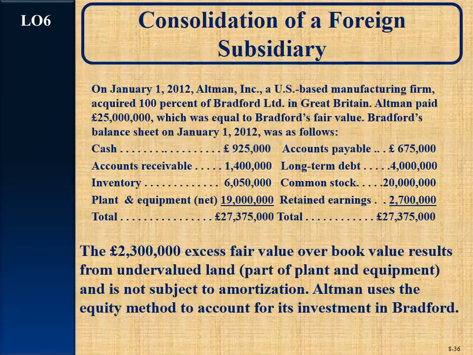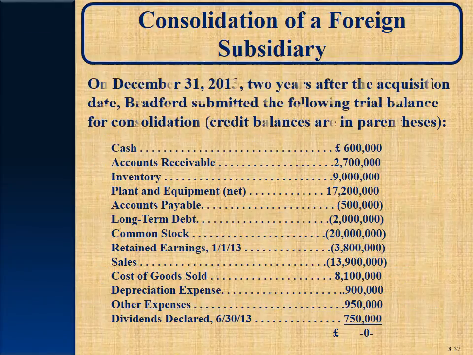Now, the $2,300,000 excess fair value over book value results from undervalued land, part of plant and equipment, and is not subject to amortization. Altman uses the equity method to account for its investment in Bradford. Okay. First of all, on December 31st, 2 years after the acquisition date, Bradford submitted the following trial balance for consolidation.